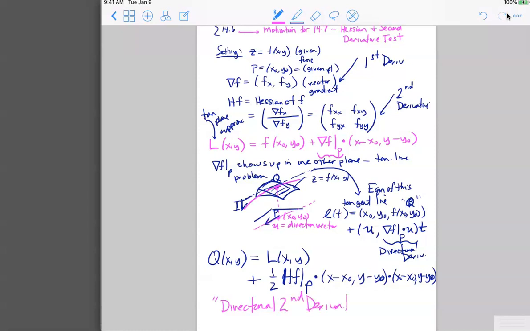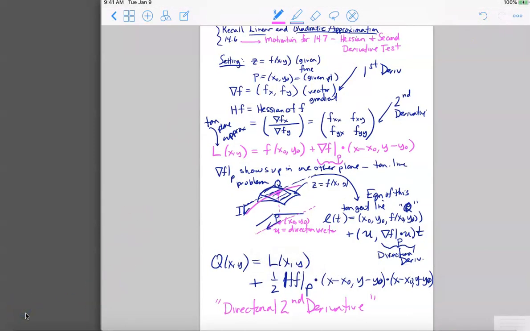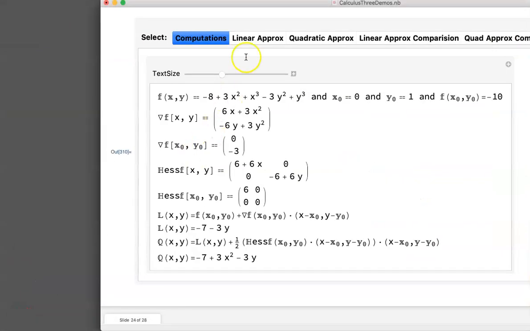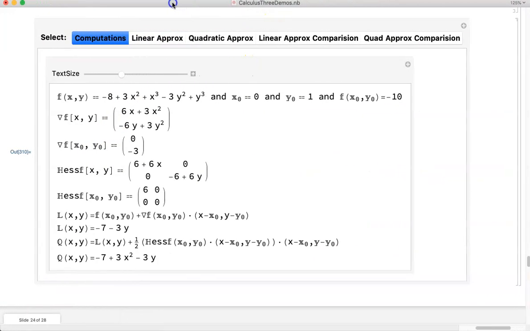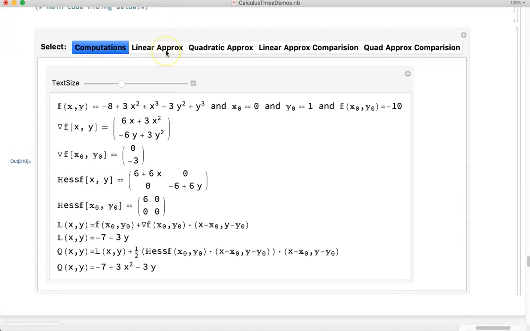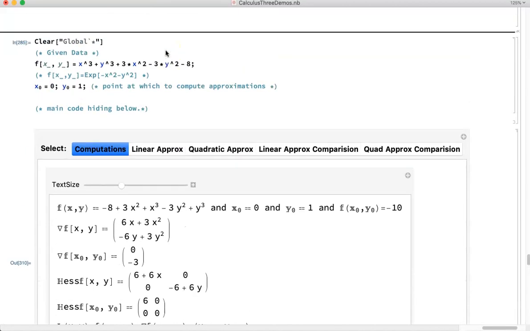And that will be the key to the second derivative test. So before we move on to the directional second derivative, let's just look at a couple examples of just the linear and the quadratic approximation to make sure that we were on board with that idea.